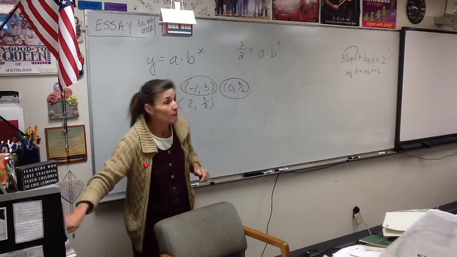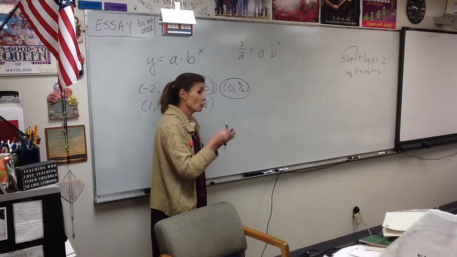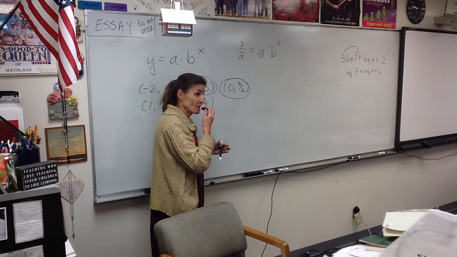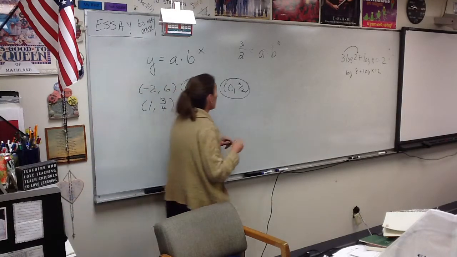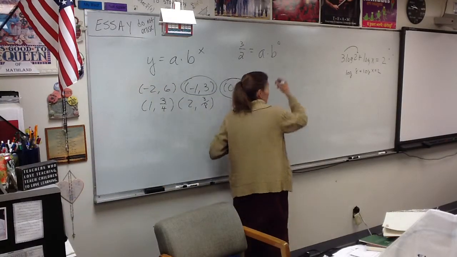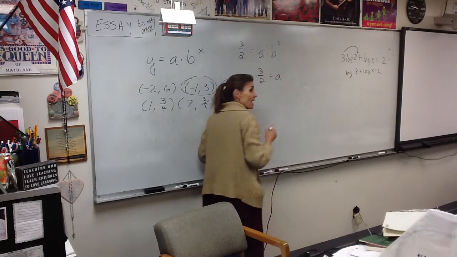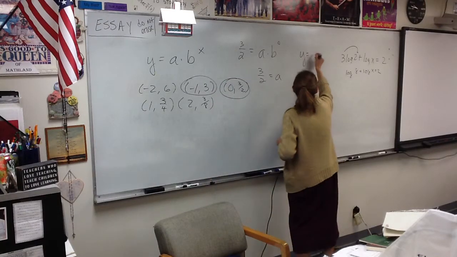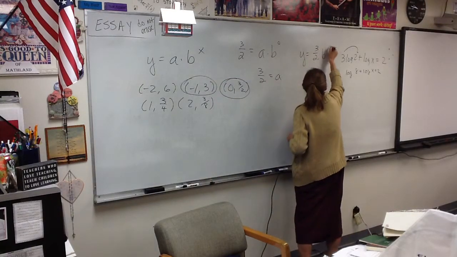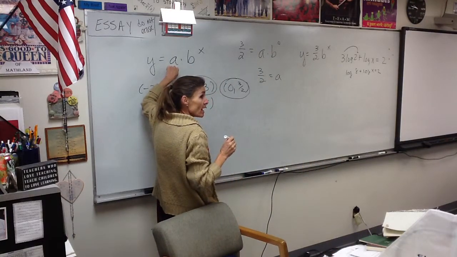That's what's going to make your problem a lot easier. Use the one with the 0 first. And the reason it makes it easier, Bryce, is because what's b to the 0? 1. So this just flat out tells me that 3/2 is a. So I know my equation is y equals 3/2 b to the x, because I know a is 3/2.